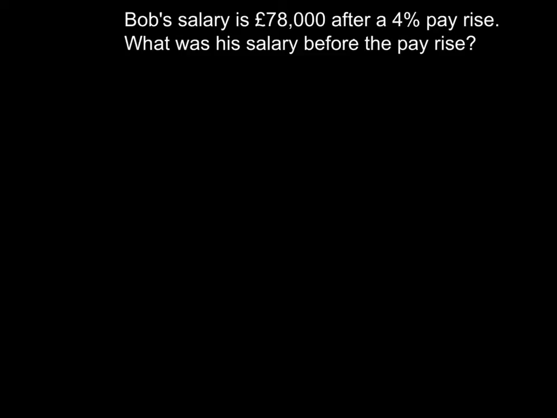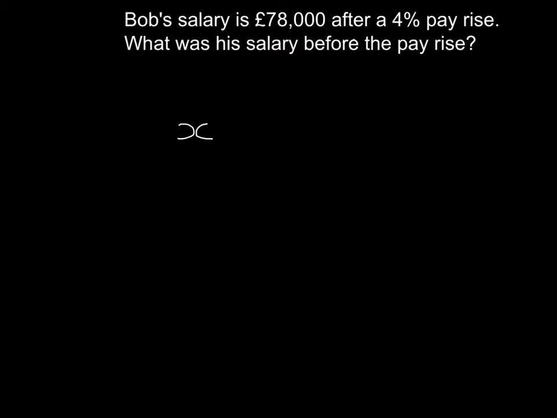The unknown in this question is the original salary. We know that the new salary, £78,000, was calculated by applying a multiplier of 1.04. So let's now write all that information down in the form of an equation. Okay, so the unknown is the original salary, so we'll use X to stand for the original salary.